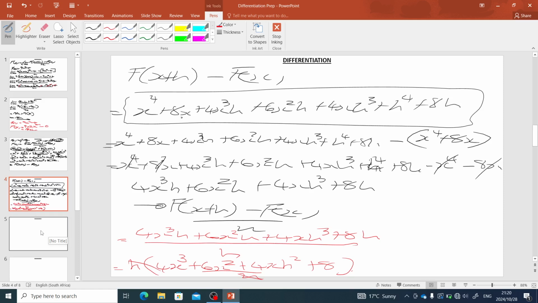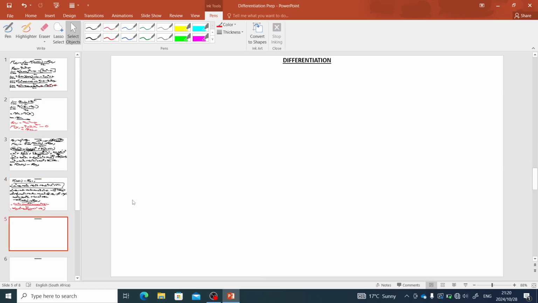When h and h cancel out, we are left with 4x cubed plus 8 plus 6x squared multiplied by h plus 4x h squared plus h cubed. Right, this is what we are left with.